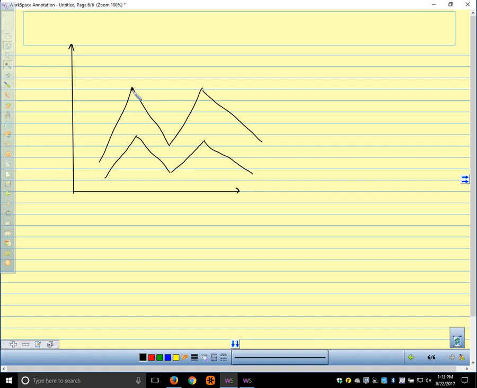And these points are supposed to be, the peaks are directly vertical from each other. All right, I'm going to say this is 5, 7, and this point is 5, 10. And this is f of x, and this is g of x.